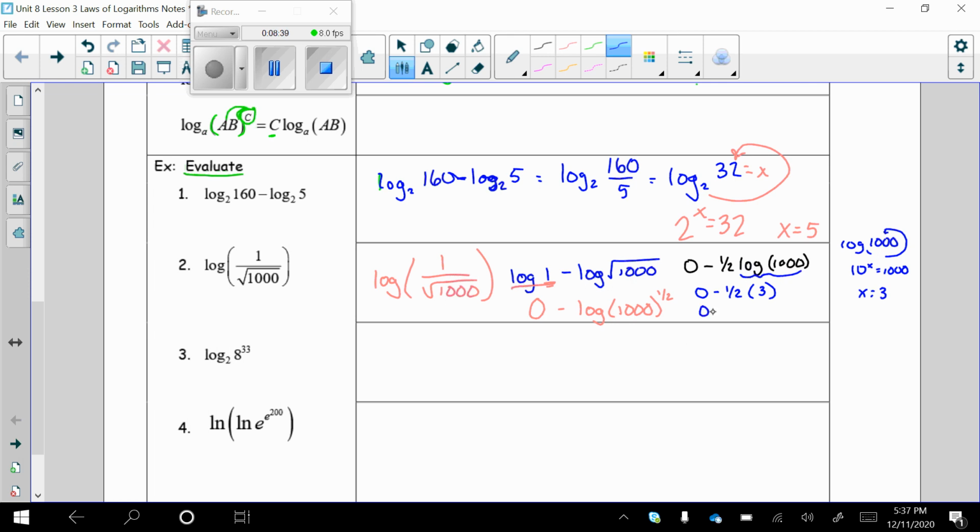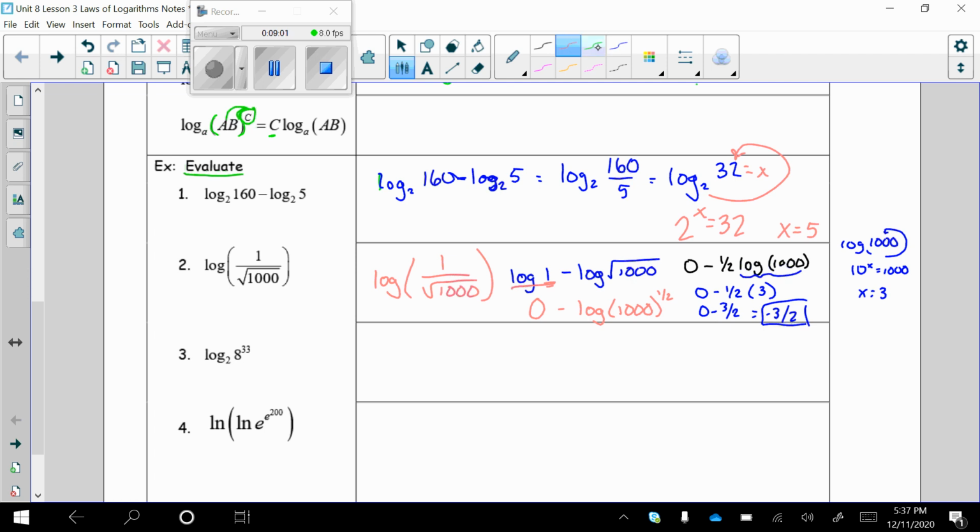So 0 minus 3/2 is negative 3/2, and that's your final answer for that one. So again, we're expanding or condensing based on what is most beneficial to us.